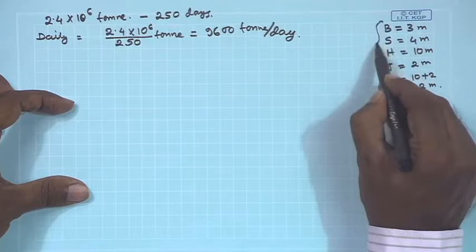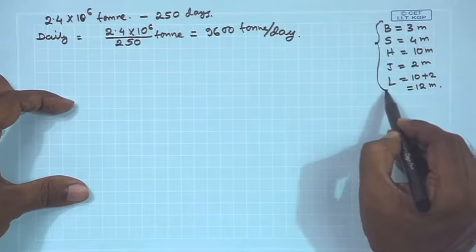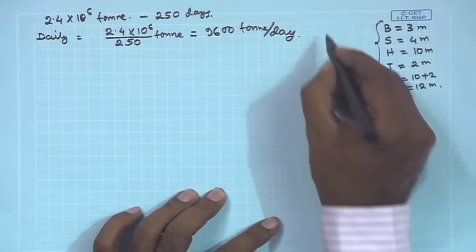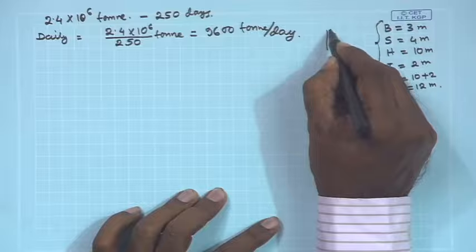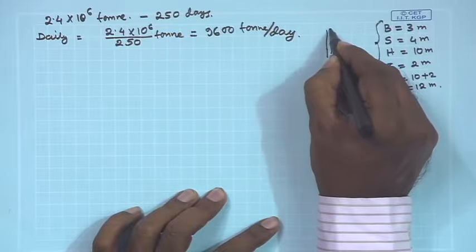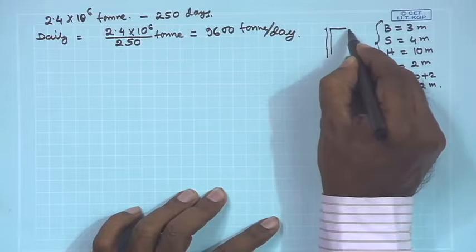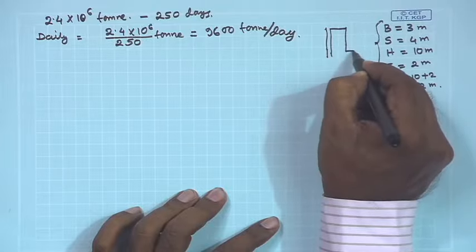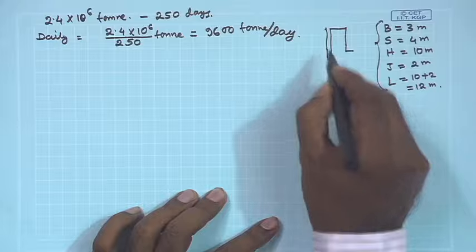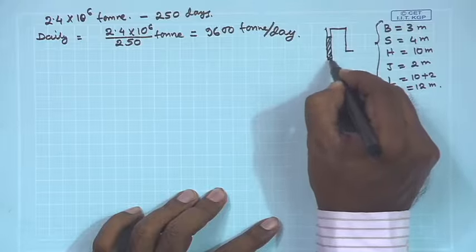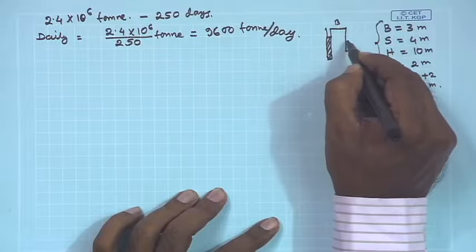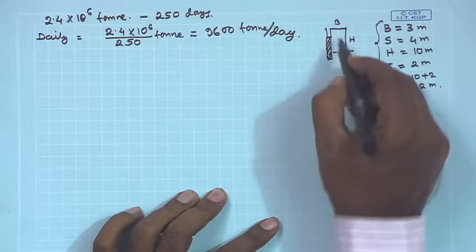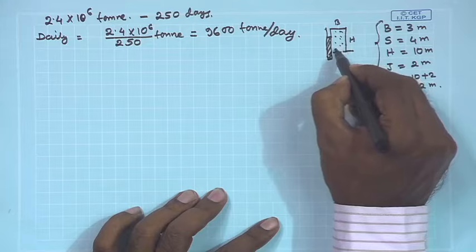Now, from this data we can assess that if we blast one hole of burden this one, bench height this one, it is expected that this much of material will be fragmented.